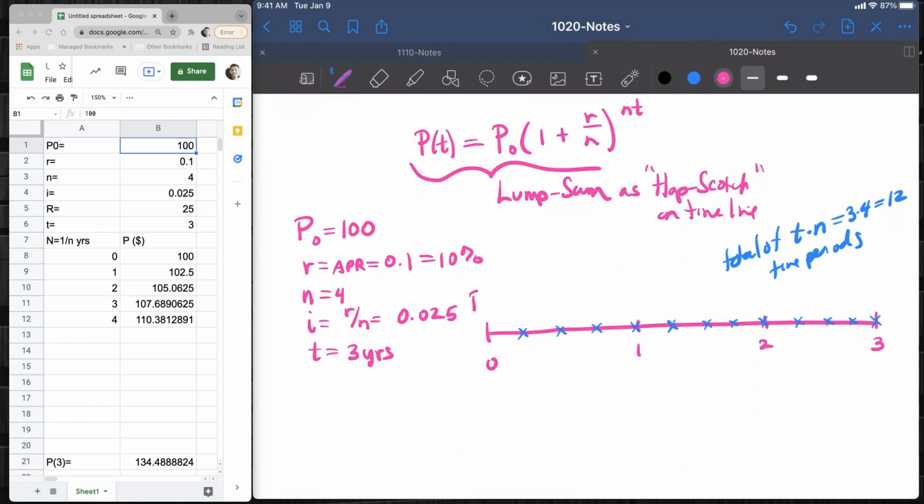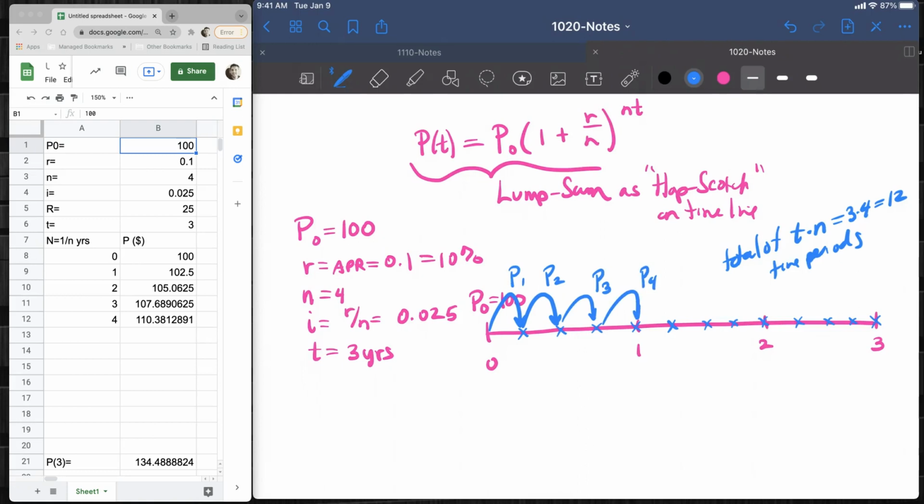And each of these time periods is a chance for us to earn interest. So on this timeline, we start with a value of $100, and we want to hopscotch across in time. This is our P1 value. How is the $100 growing after 2 time periods, after 3 time periods, after 4 time periods?